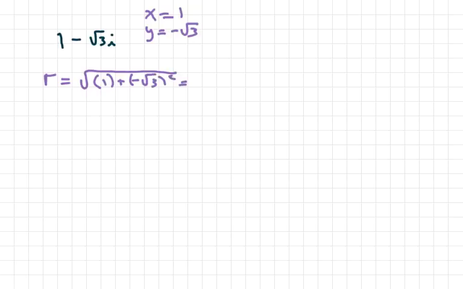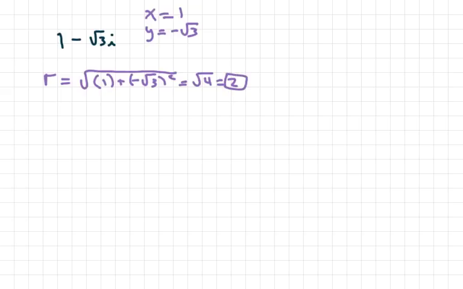Our x basically is 1. Our y is negative square root of 3. So I'm going to find r, and r is going to be the square root of 1 squared plus negative square root of 3 squared. That's going to be square root of 4, which is 2. So my r is 2.